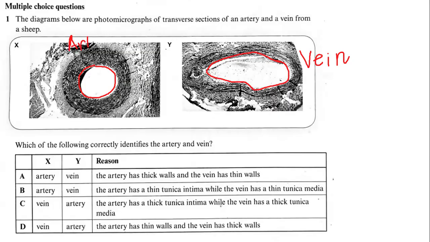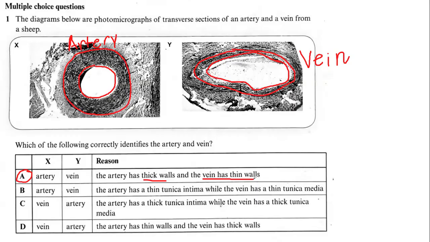What is another giveaway besides the lumen size? The thickness of the wall. Very good. X has thick muscular walls, and Y has thin walls. So that definitely is going to be A. X is the artery and Y is the vein, because the artery has thick walls and the vein has thin walls.